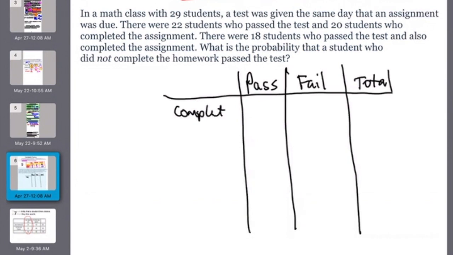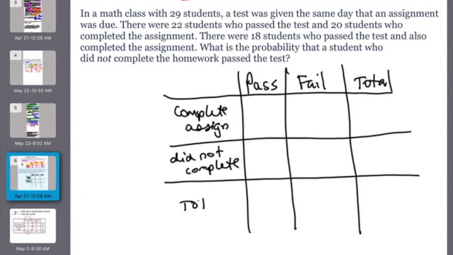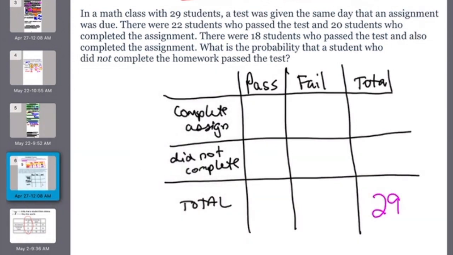And then there were those that completed the assignment, and there's those that did not complete it. And our total. Great. Okay, so now we've got 29 students total, so that goes here.